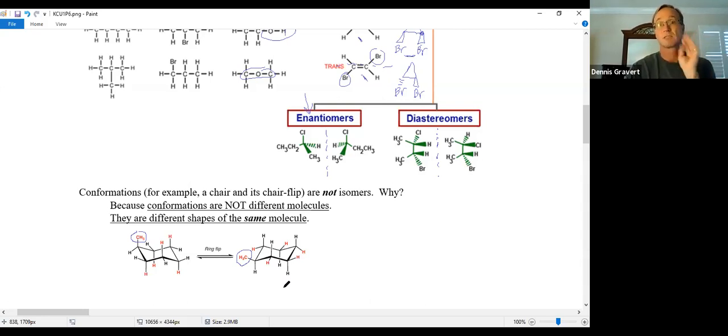You can only move electrons. And so these are not resonance structures because we did move atoms. The methyl group is axial, and now the methyl group's equatorial and moved. These are not resonance structures. Conformational changes are just changes in the same molecule, so these are also not isomers. They're different shapes, different conformations.